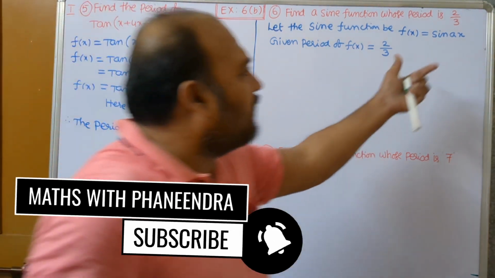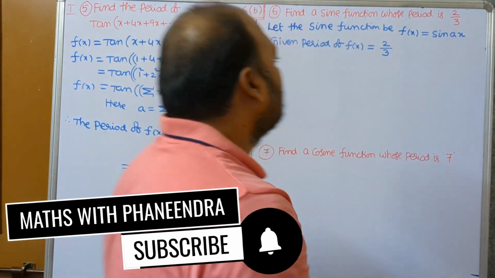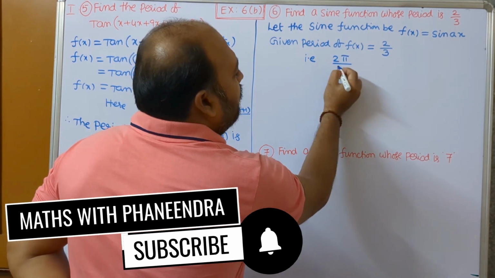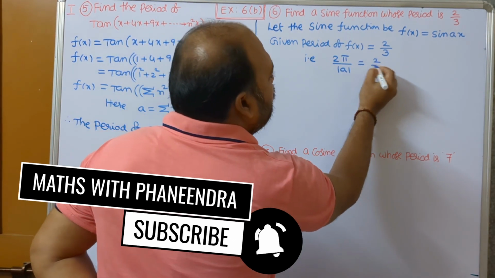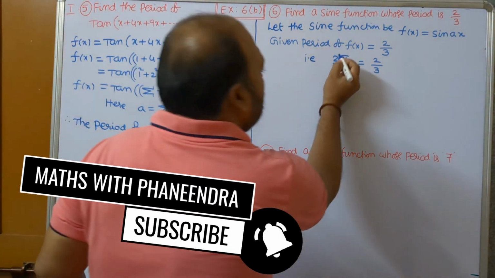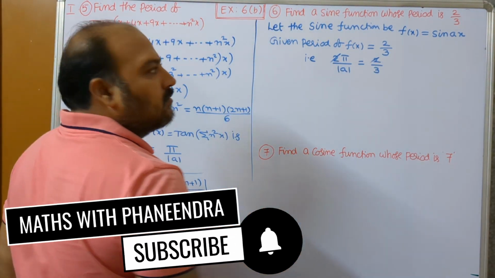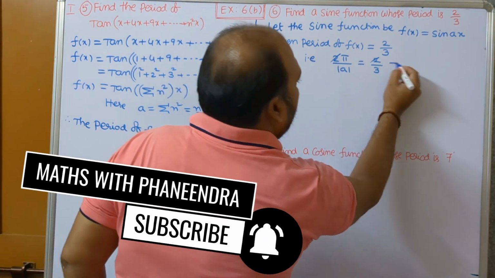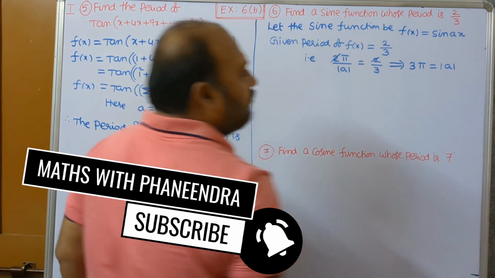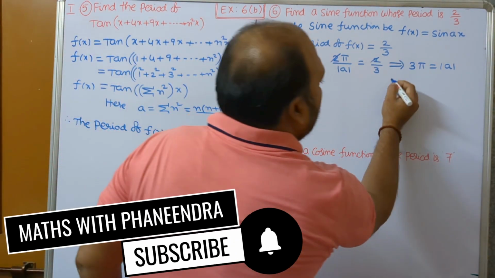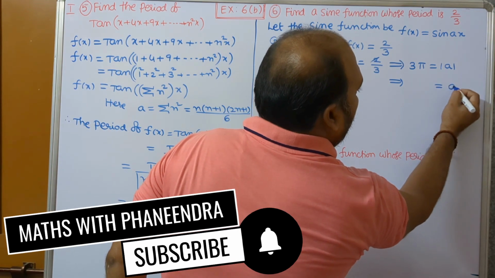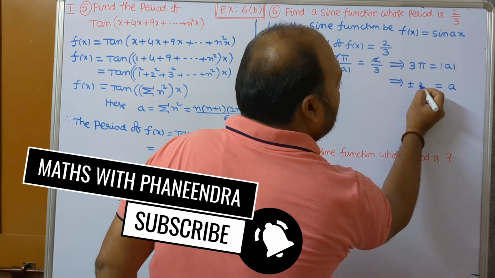What is the period of the function sine ax? That is 2 pi by mod a is equal to 2 by 3. Okay, dear students, the 2 gets cancelled. Cross multiply: 3 pi is equal to mod a. So that implies a equal to plus or minus 3 pi.